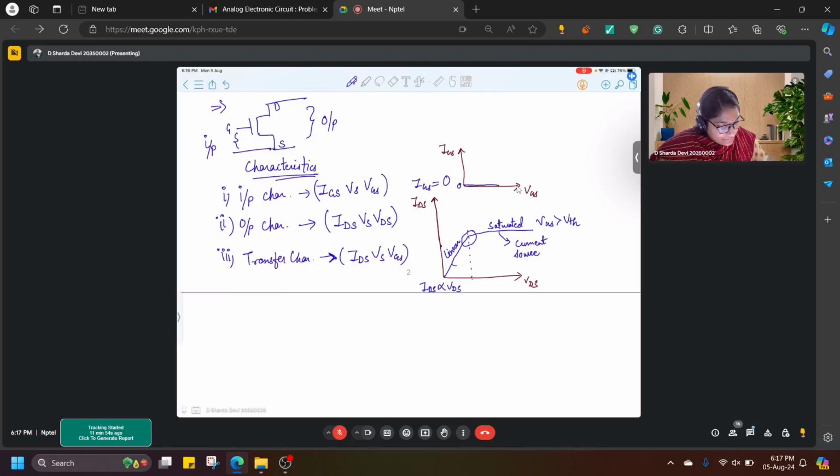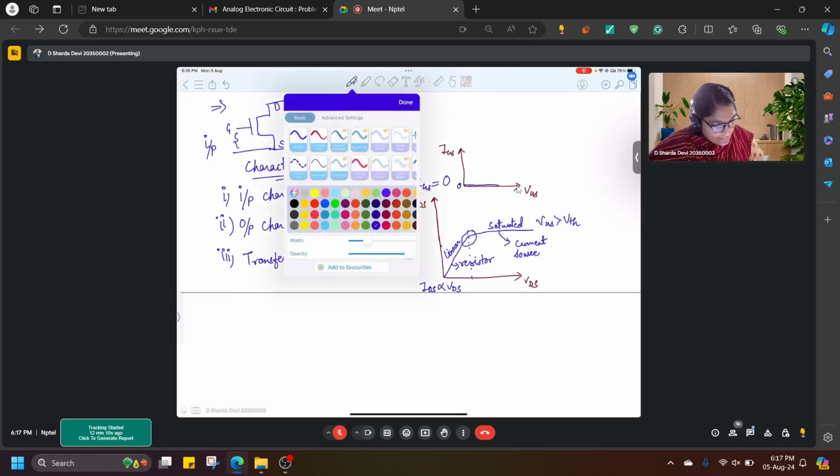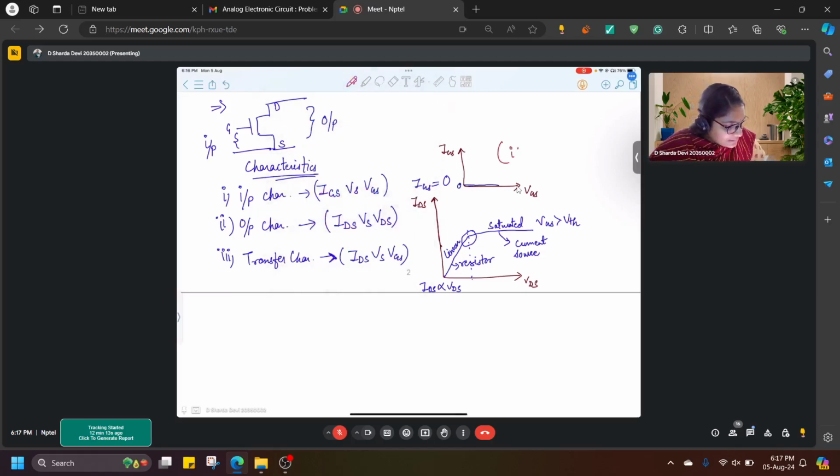Yes. So here it behaves as a resistor. So in the linear region, your MOSFET will behave as a simple resistor, whereas in saturated region, it will behave as a current source, right? So we say this is input characteristic, this is output characteristic.